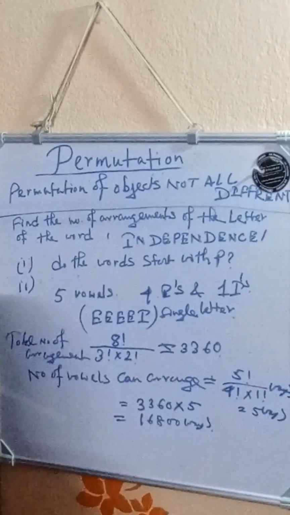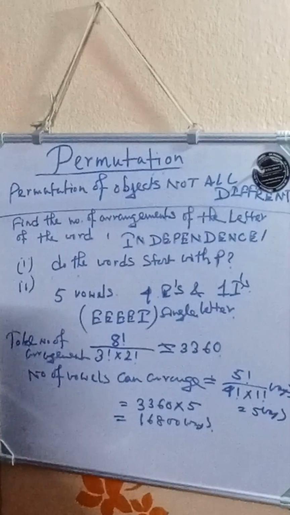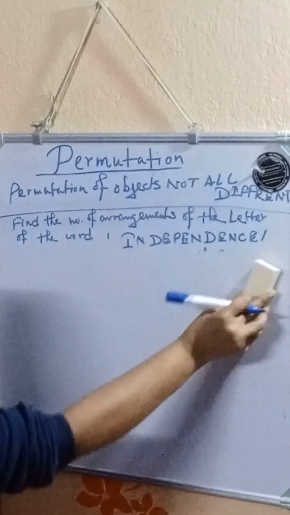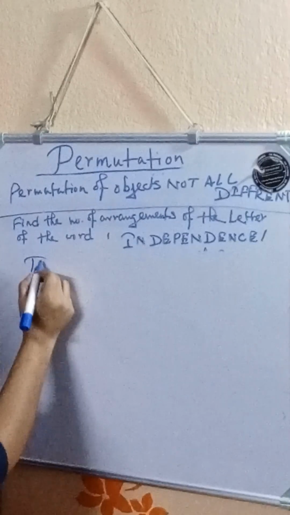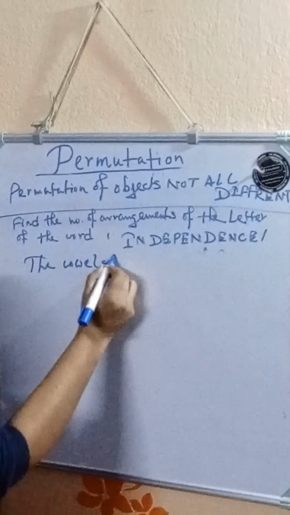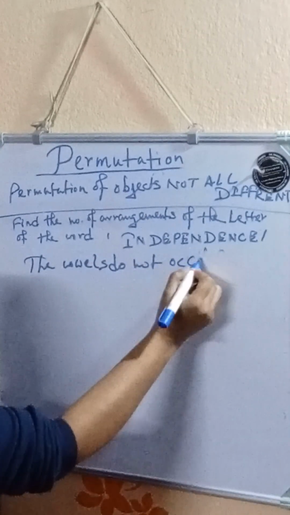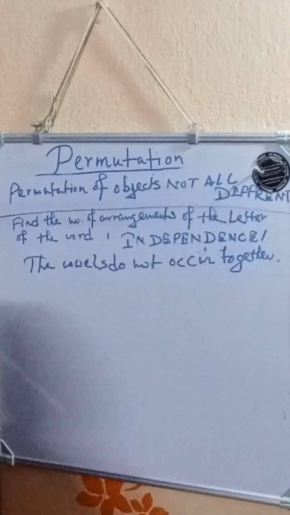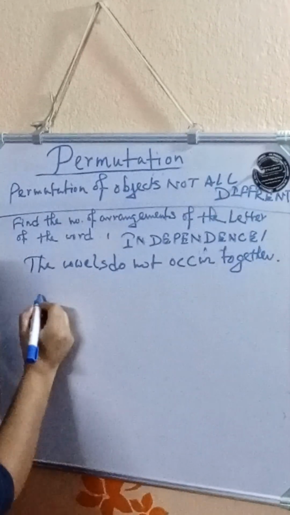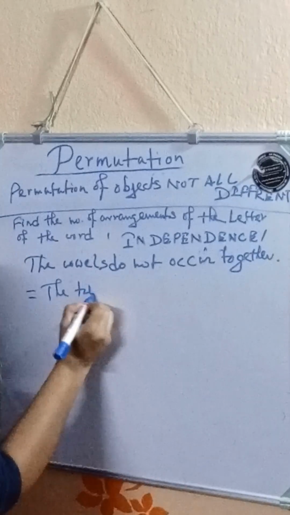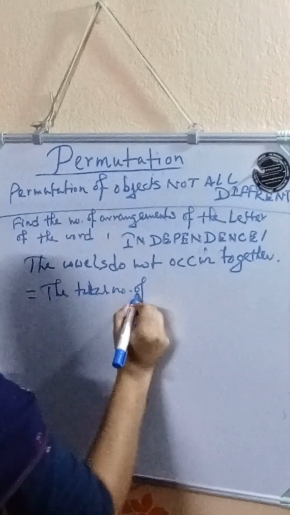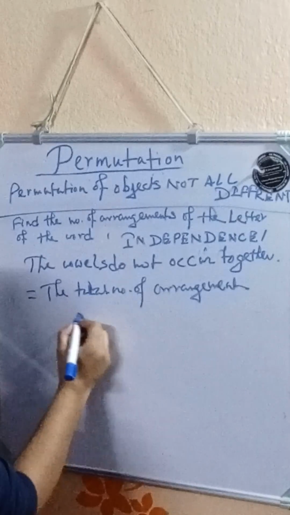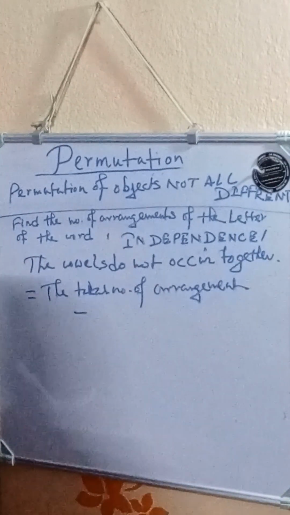Now, the number of arrangements in which the vowels do not occur together is the total number of arrangements minus the number of arrangements in which vowels occur together.